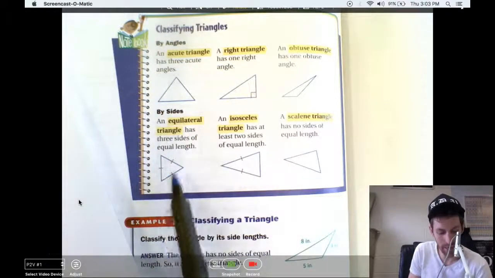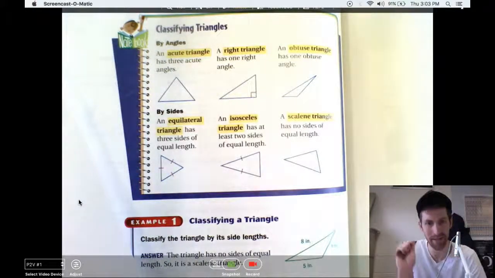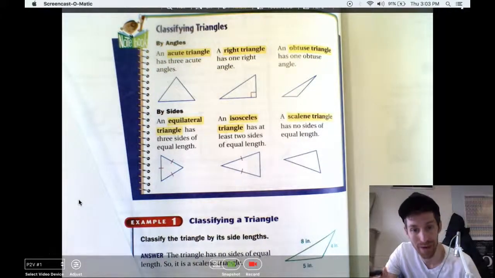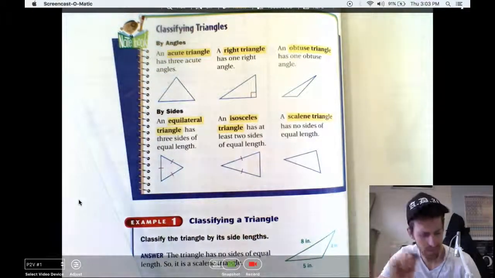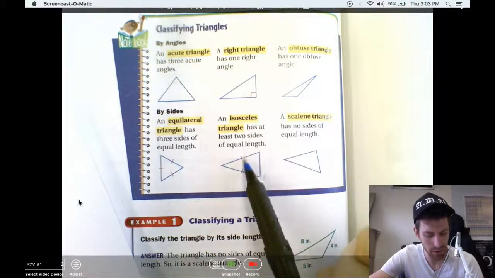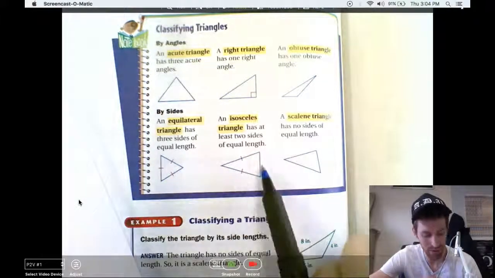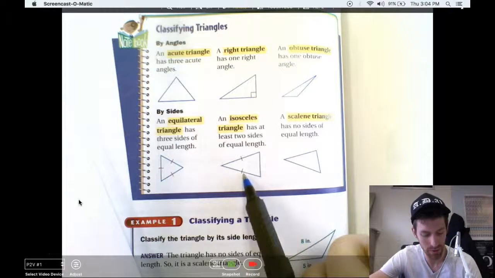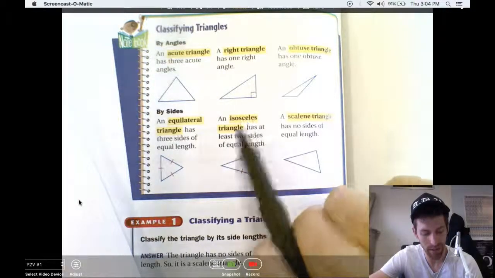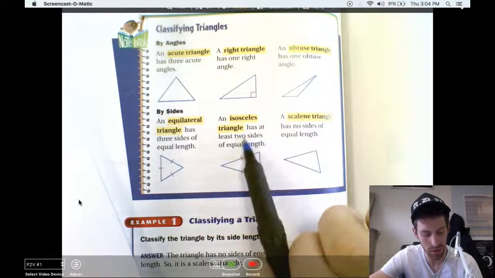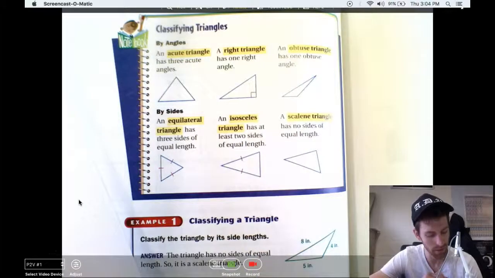Equilateral means that every side is equal. That's what these little congruence marks mean. Congruence marks. Yeah, learn that word, all right? These congruence marks mean that these two are the same, they're equal, but this one is not equal to those two. This we call an isosceles triangle if there are only 2 sides of equal length.